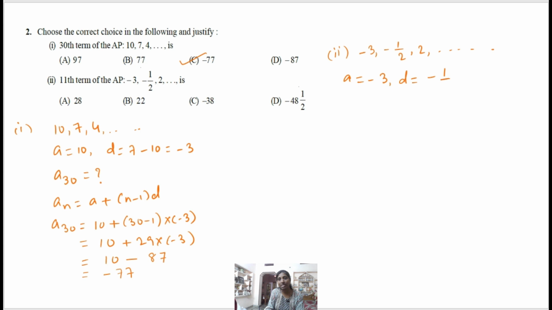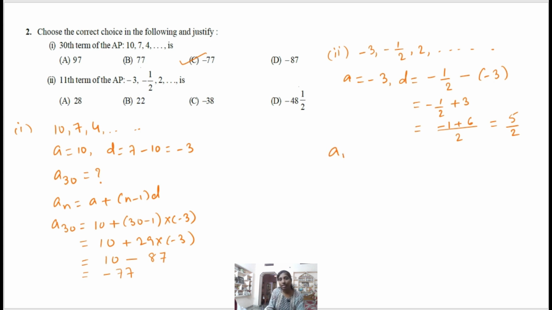It means minus 1 by 2 minus, we are subtracting, that's why we should write minus, and what is the first term? The first term is minus 3, so keep this in the bracket. Don't forget it. So minus 1 by 2 will become plus 3. Now take the LCM, which is 2, here minus 1 plus 6, so it will become 5 by 2. So the common difference is 5 by 2.